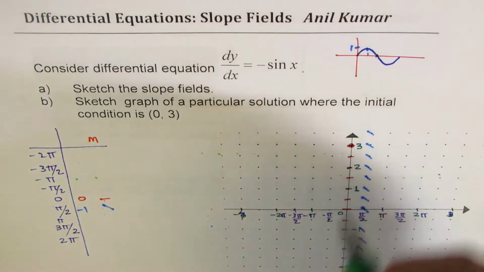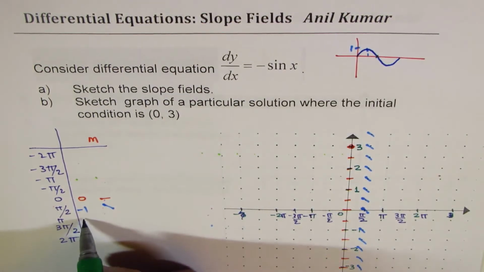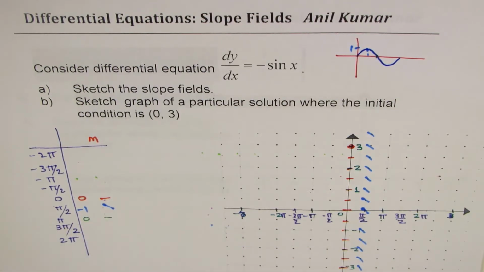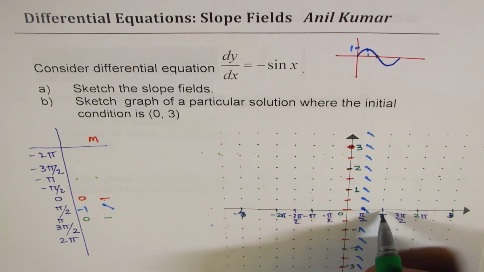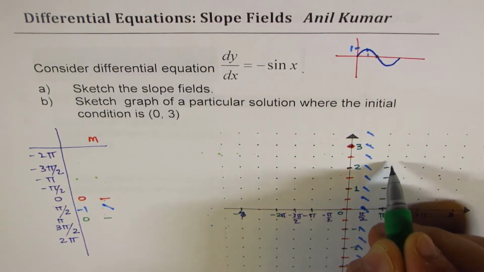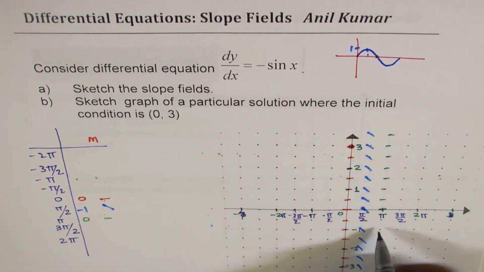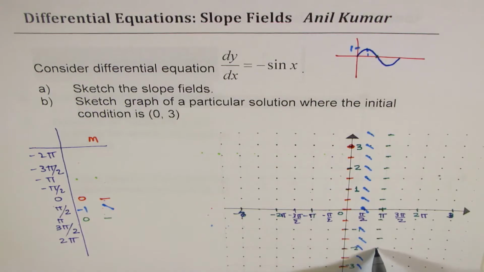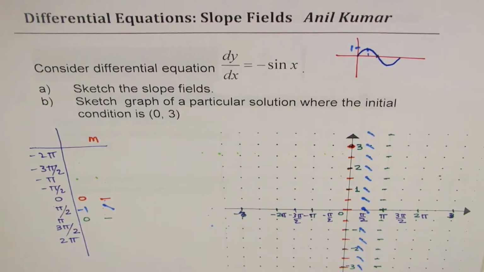Now for pi, sine is 0. So sine of pi is 0, it again means horizontal. So we again have horizontal at pi. So all these values will be horizontal. Then 3 pi by 2. Now when we talk about 3 pi by 2, we are looking at a value which is minus 1.